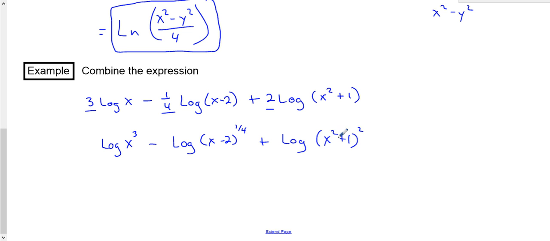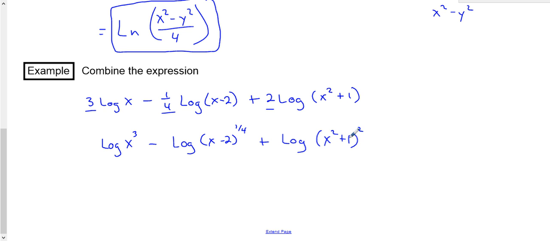Now, in these situations where you have expressions with an exponent, you do not need to distribute or multiply this out. Obviously, you can't distribute here. You'd have to do x squared plus 1 times x squared plus 1. But that isn't necessary unless it were able to be simplified out with something else and combined. But we have the fourth root here, which is going to make a radical.